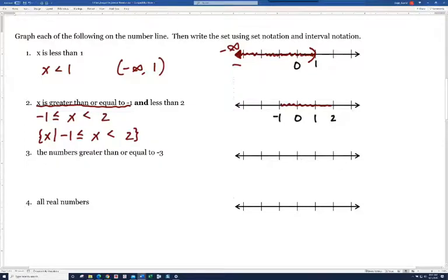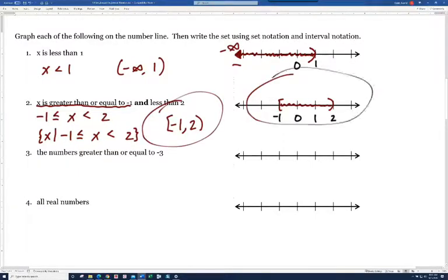Now notice because of the equal sign over here, x is greater or equal to -1, we're going to use a bracket at -1. And here x is less than 2, so there's no equal sign there. We're not including the endpoint, and so we have a parenthesis here. So now let's write this in interval notation. We're going from left to right, -1 to 2. So notice how similar these look, but a little bit different.